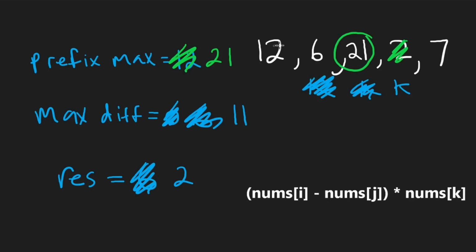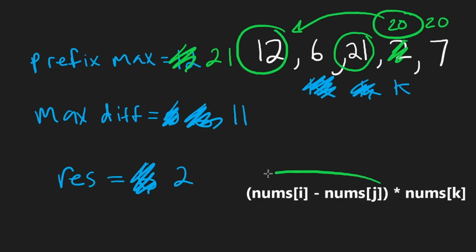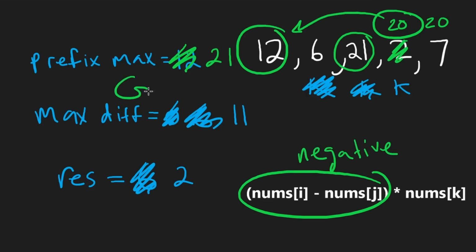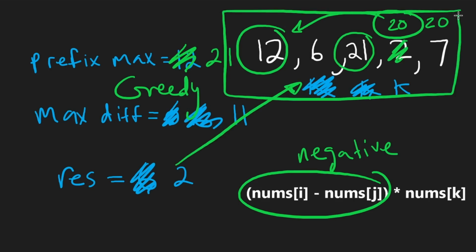But if I had kept 12 as the prefix max, well, this is a 20 over here, and this is a 20 over here. So that would have ended up making this formula part negative. And you wouldn't have wanted that, would you? So that's why we are being greedy with this.